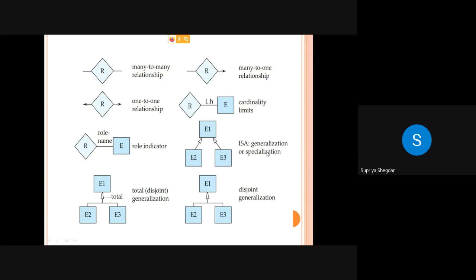We represent generalization and specialization with the help of a triangle symbol. This triangle symbol is connected between E2 and E3, and again between E3 and E1. So this kind of relationship is called the ISA relationship, and it is nothing but generalization and specialization.